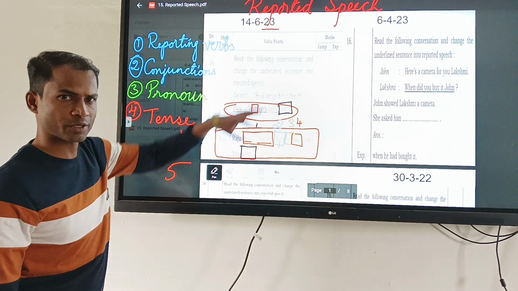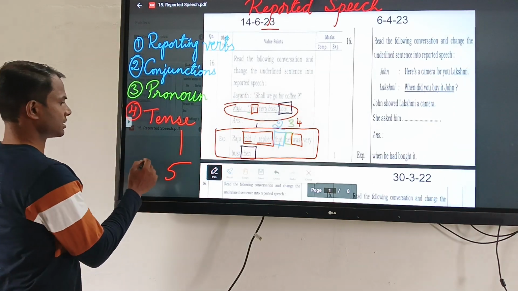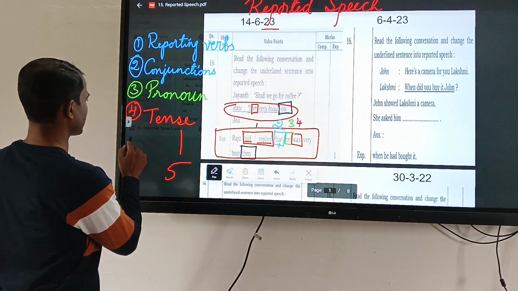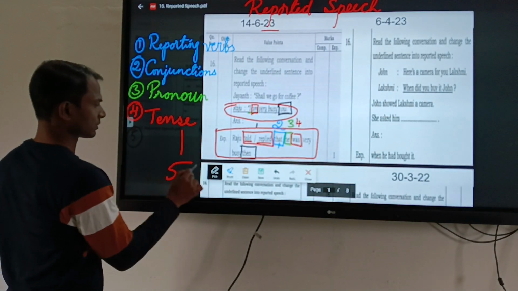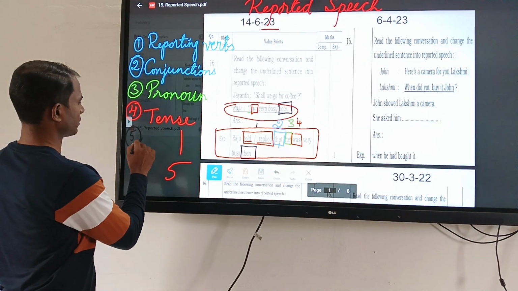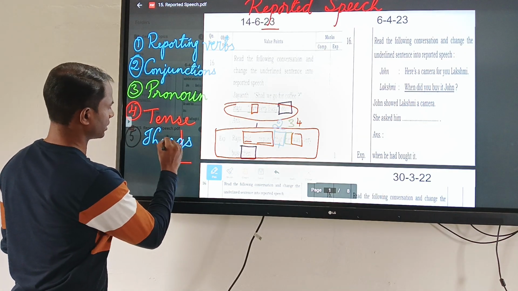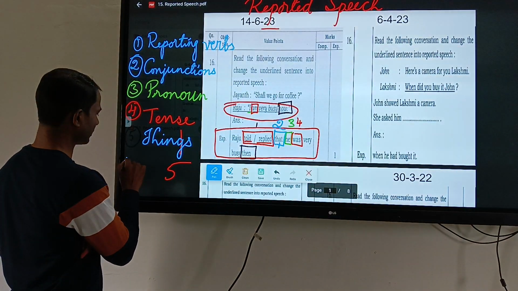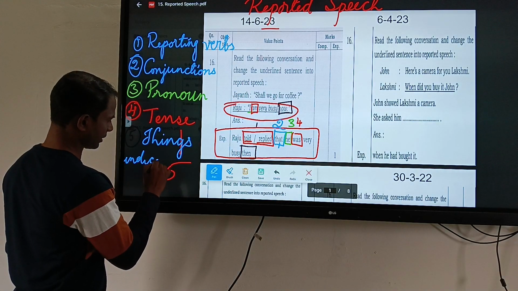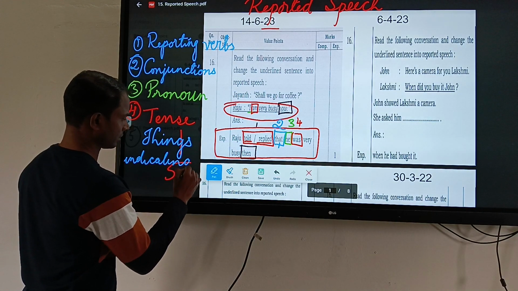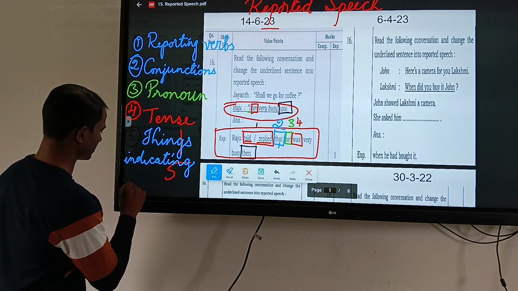Now what is the change that we are making? That change is the change of things indicating distance.